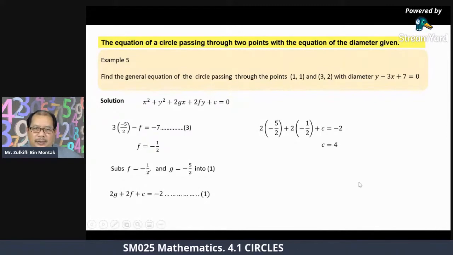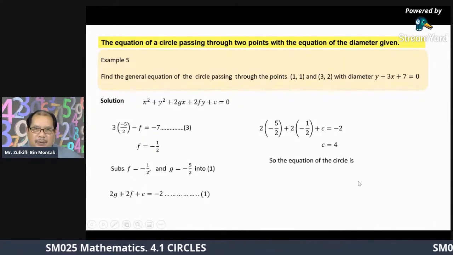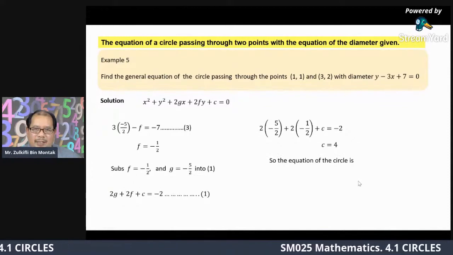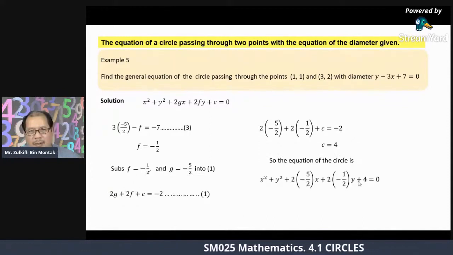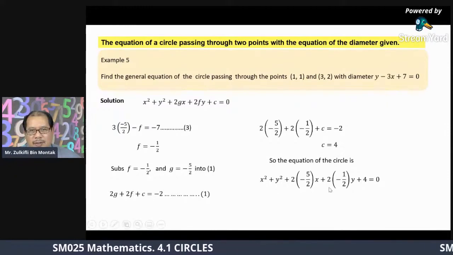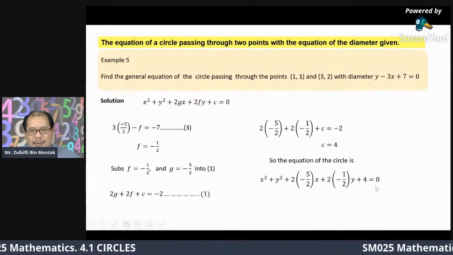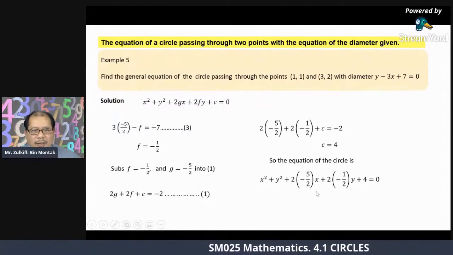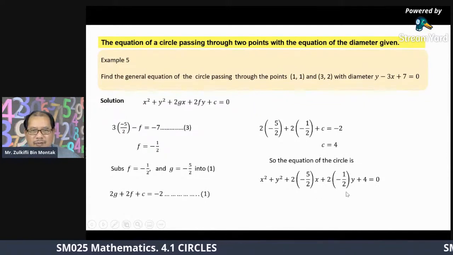Now we plug all these three values into the general form: x squared plus y squared plus 2gx plus 2fy plus c equals 0, with f equals negative half, g equals negative 5 over 2, and c equals 4.